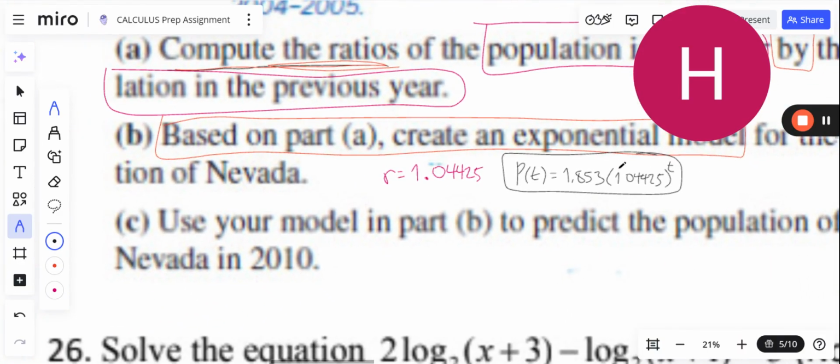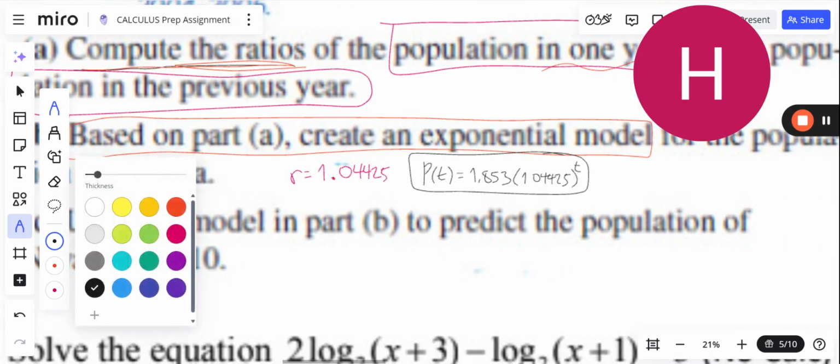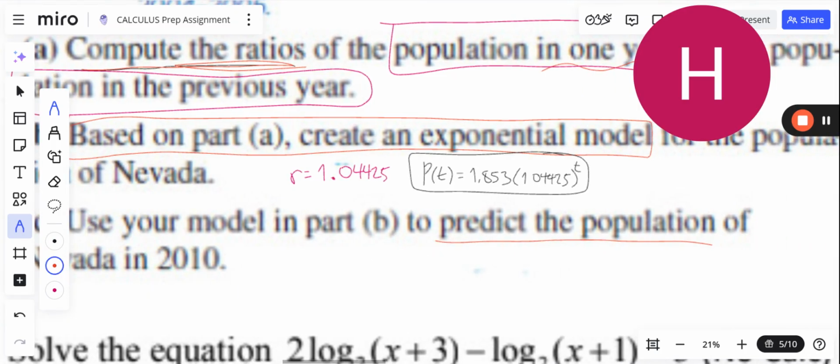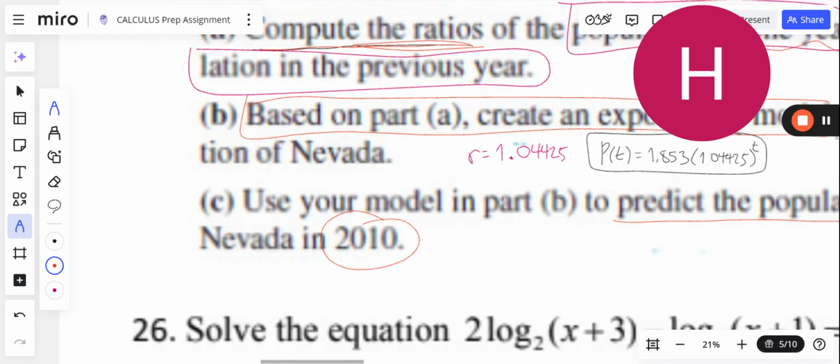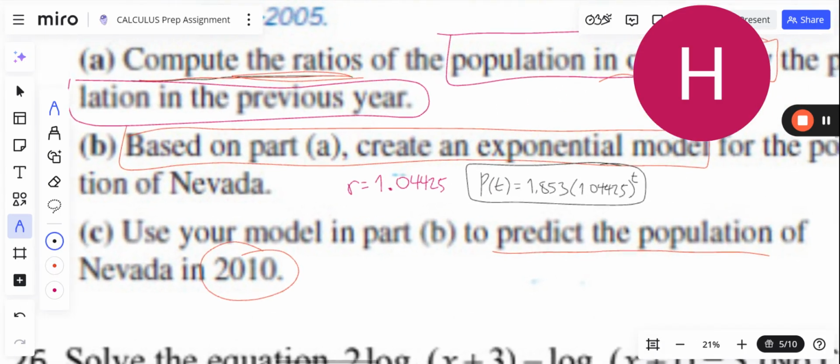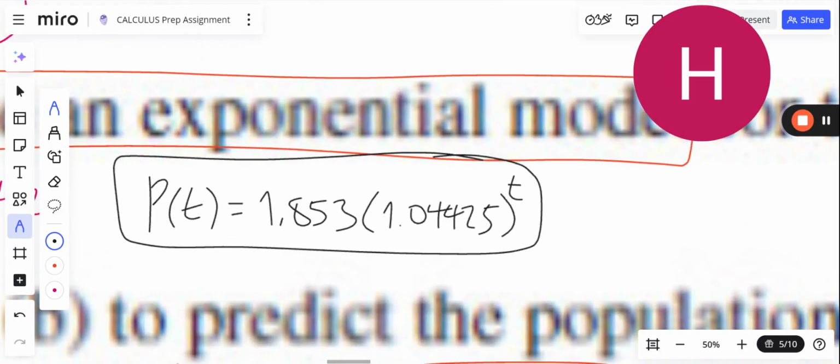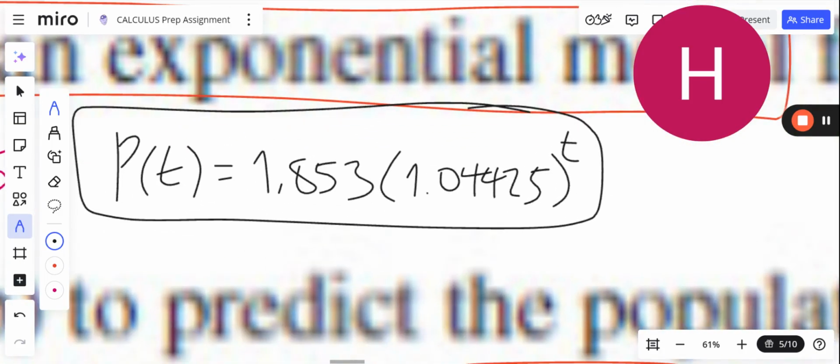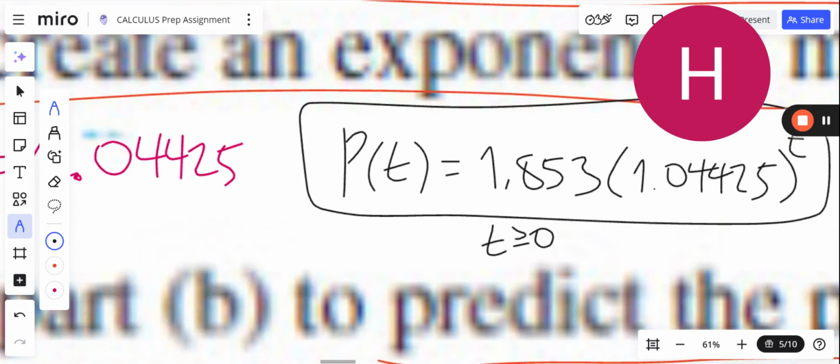Yep, exactly. Use your model to predict the population of Nevada in 2010. We can compare it to the actual value too, if we look up the value. I should also mention this, by the way: t is greater than or equal to 0, and also t is years after 1998.